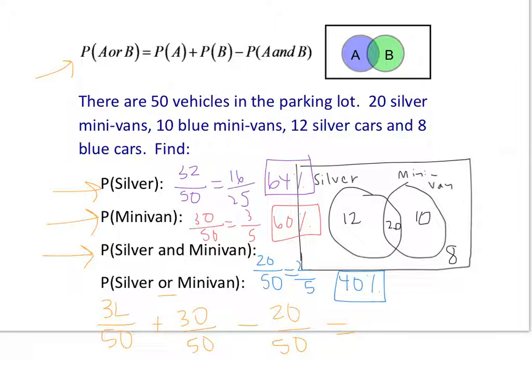So if we take 32 plus 30, subtract 20, we get 42 out of 50, which is 84%, which makes sense because probability of getting silver or a minivan, that's a high percentage there.